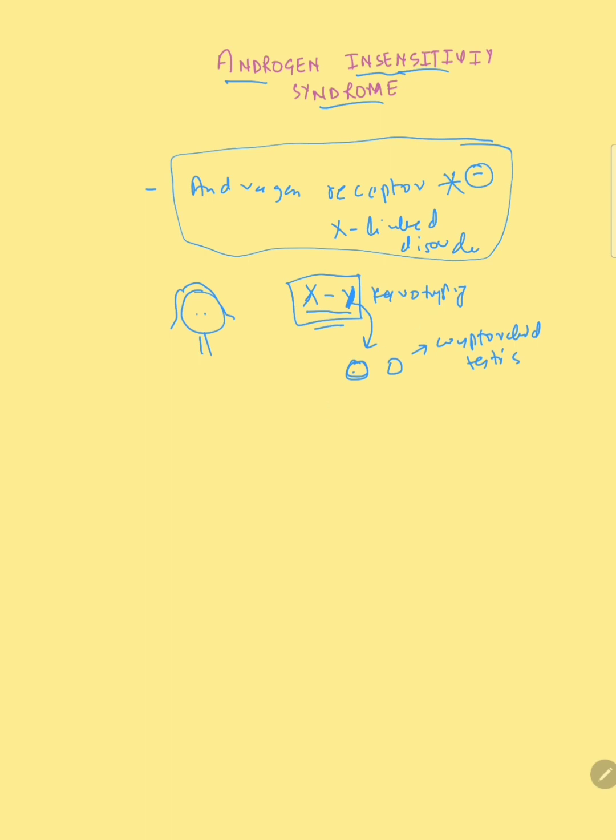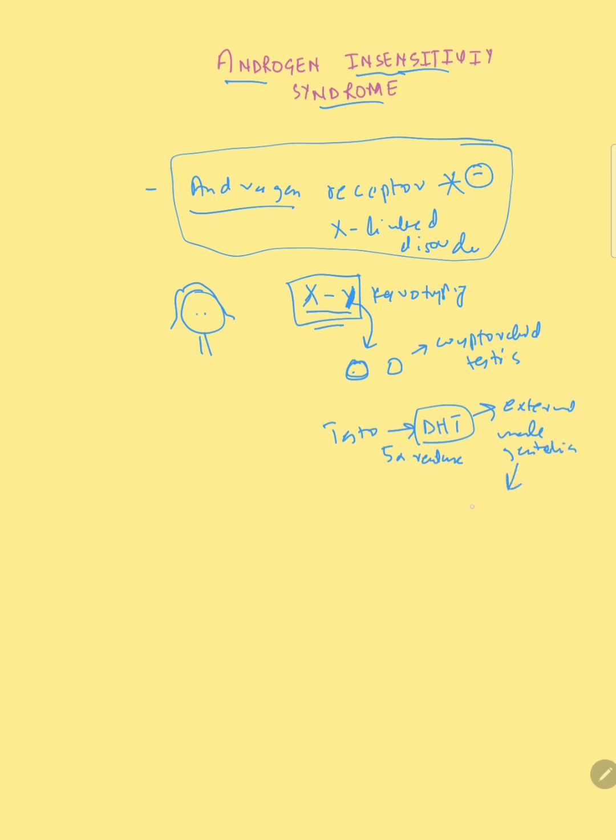Another thing is the external genitalia. Because androgen is required for the external male genitalia and it is not working, the external male genitalia will be absent. Testosterone is normally converted to DHT, dihydrotestosterone, by 5-alpha reductase, and this DHT then goes on to form the external male genitalia.